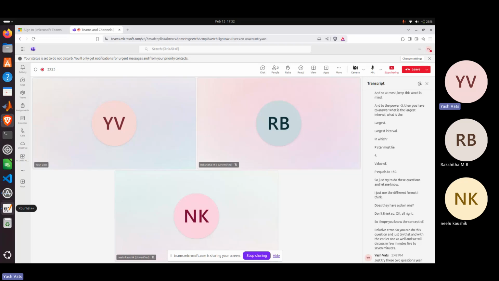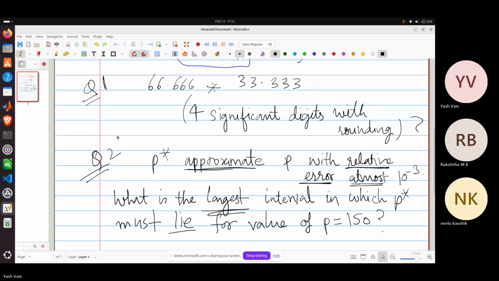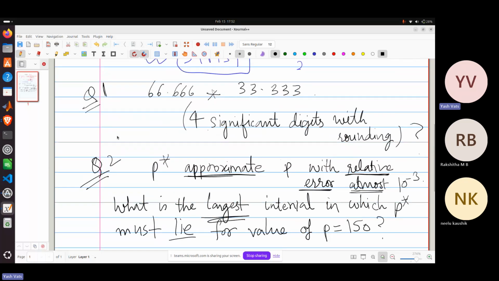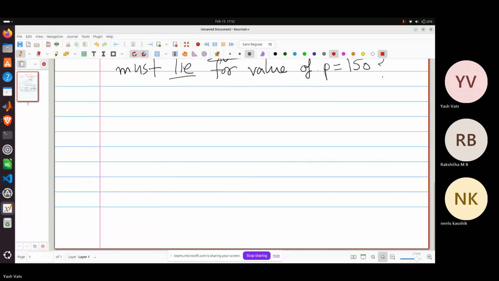Have you guys done this one? All right. For the first question, you just multiply these two numbers. So what do you get after multiplication?